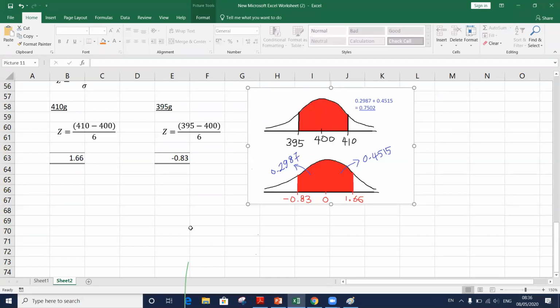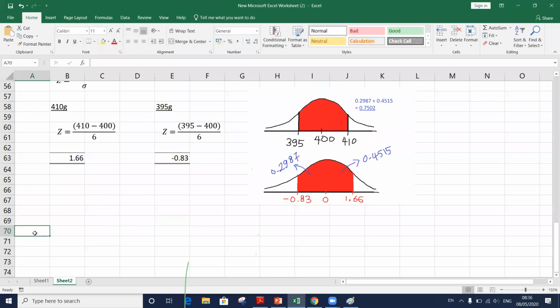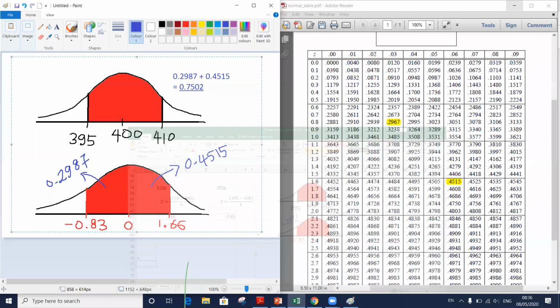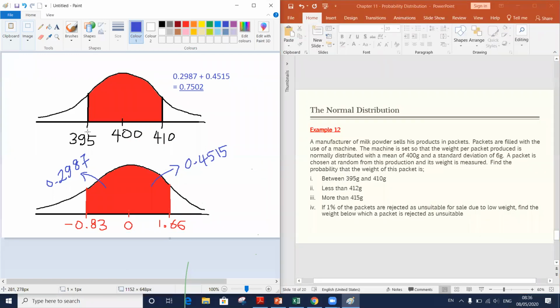Right. Part 1. Okay, part 2, what does it say? Part 1 is clear. Did you understand how we found it? The figures cannot be used as they are, so we need to find the z values relevant to each figure. When converting to z values, the z value corresponding to the given mean is always 0. To find z values we can use the formula z equals x minus mu divided by standard deviation.